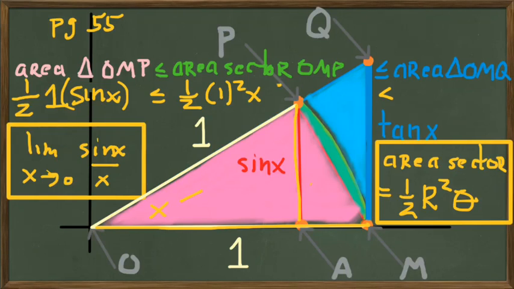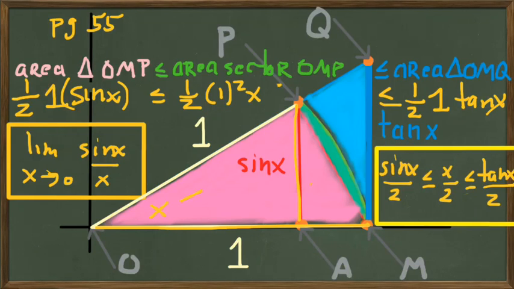And then the area of the largest triangle, it also has a base equal to the radius. Right here is its base, so its area is 1/2 the base times the height, and the height is tangent of x.